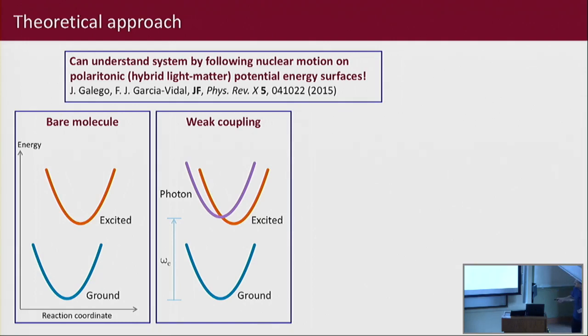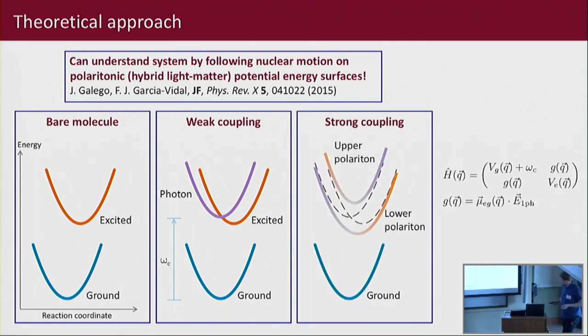So I just get a shifted copy of the ground state potential energy surface. Now I can turn on the coupling, which becomes a coupling between these two surfaces, and I get new potential energy surfaces that we can call the lower polariton and the upper polariton potential energy surface.